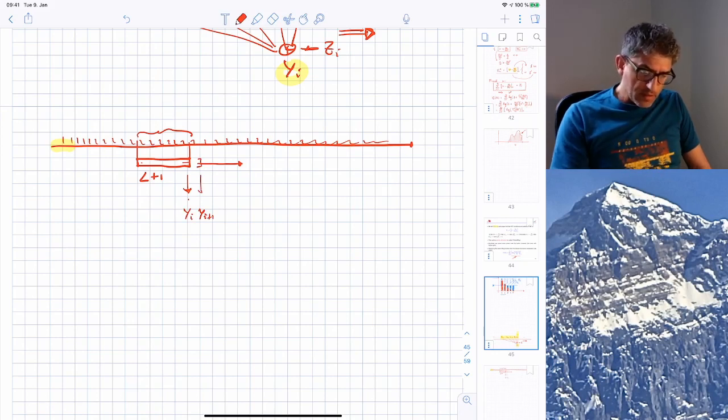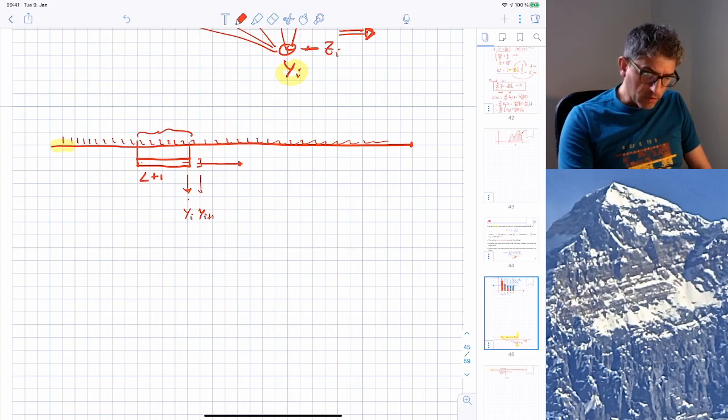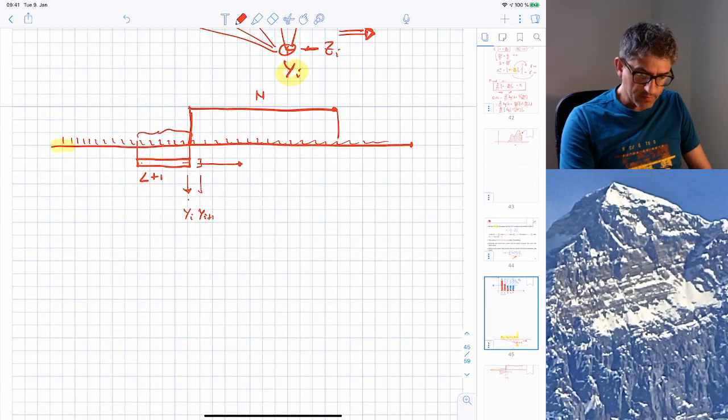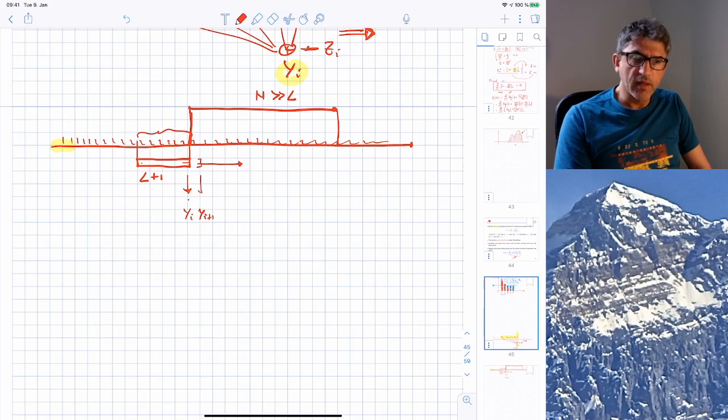So, if I consider a big block of symbols, for example starting from here, a block of n symbols, where typically n is taken much larger than L, so the length of this block is much larger than the length of the impulse response.